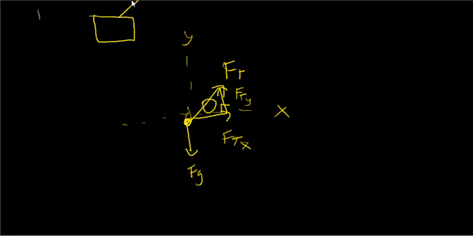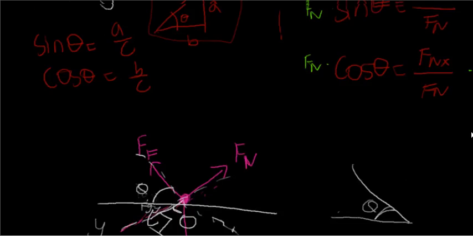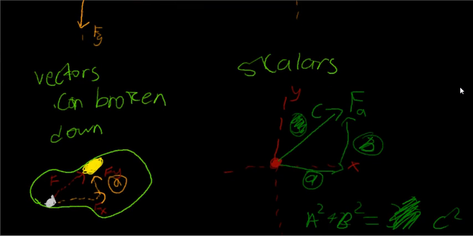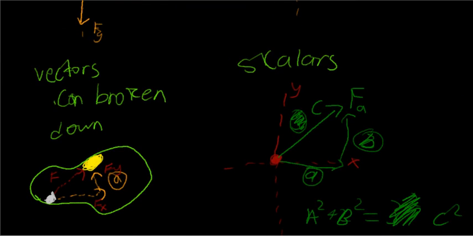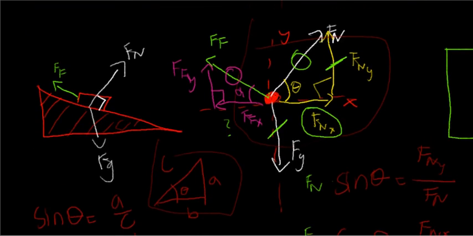And whatever angle they give up here, that's the angle that we'll use down here. If it doesn't make sense to you immediately, don't worry about it. This concept can be very tricky, especially when we talk about breaking up vectors. We just remember that we can break up vectors into their parallel or x and their perpendicular or y counterparts.